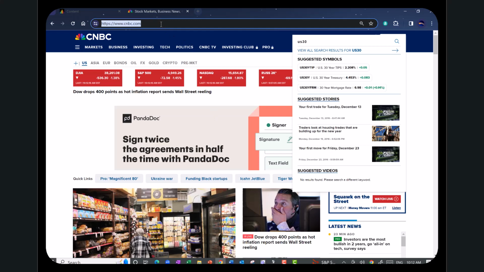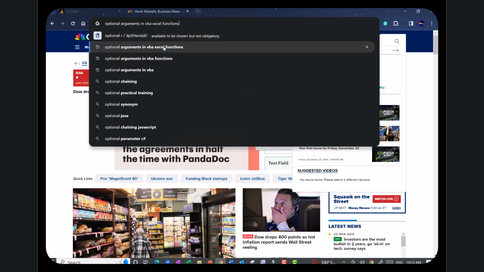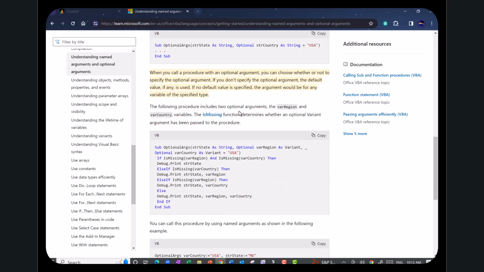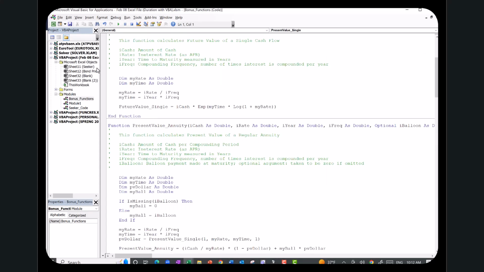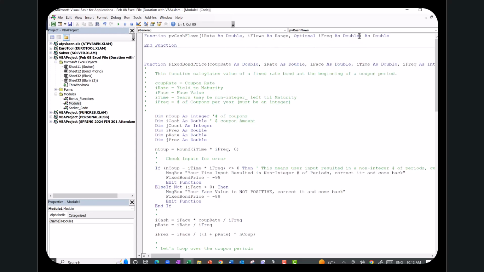Just to give a default value. Sometimes I forget, I just look it up. Oh, okay. As double equals 1.